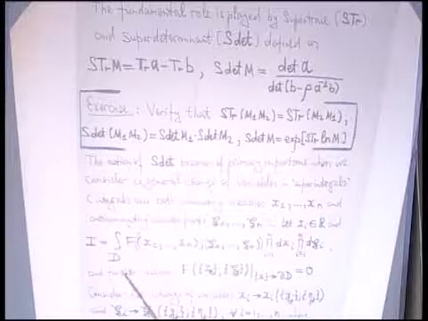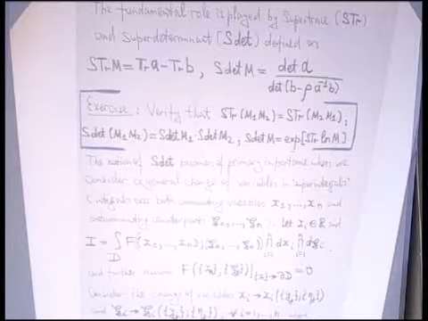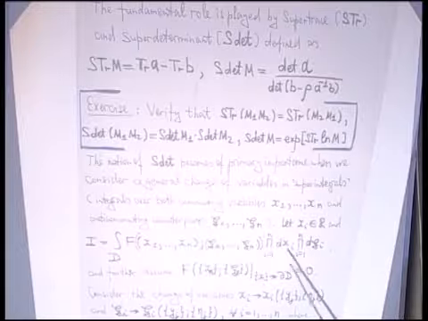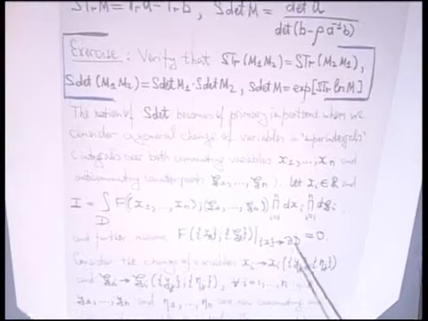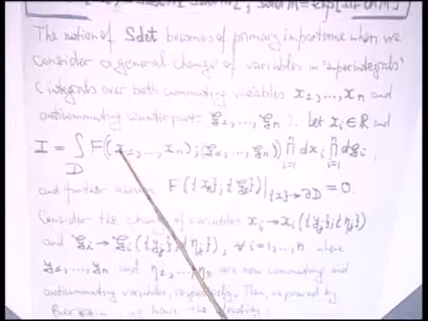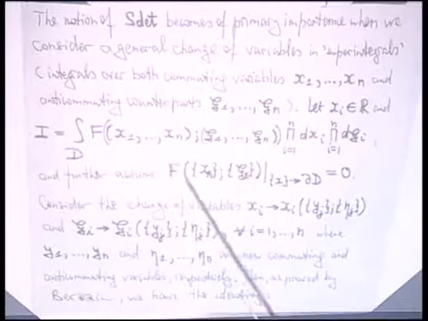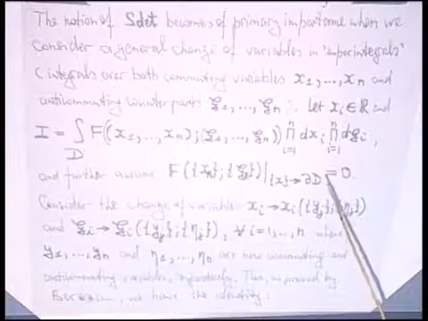The domain of integration has meaning only for commuting variables, of course, for usual variables. And we assume, in particular, that this function in the integrand vanishes when the usual ordinary variables approach the boundary of the integration domain.